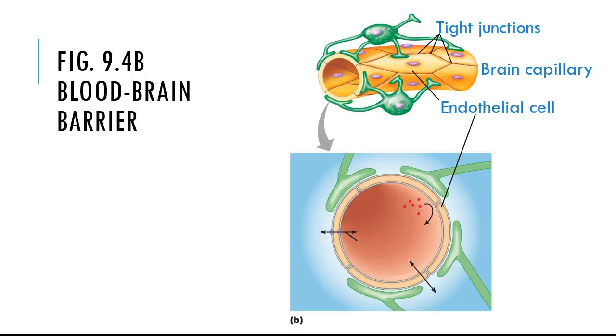Capillaries of the central nervous system are unique in that there's a high proportion of tight junctions, which we covered in chapter, was that 2? We talked about the different membrane junctions. What is the purpose of a tight junction? To prevent leakage, right, between cells. Okay, so these cells are adhered together tightly so that there's not random diffusion between those cells.